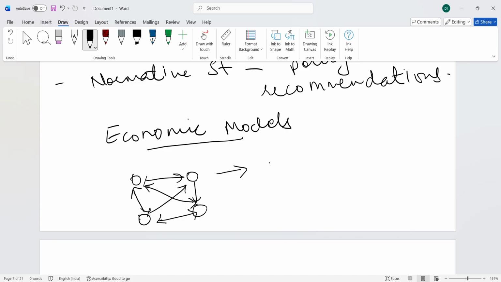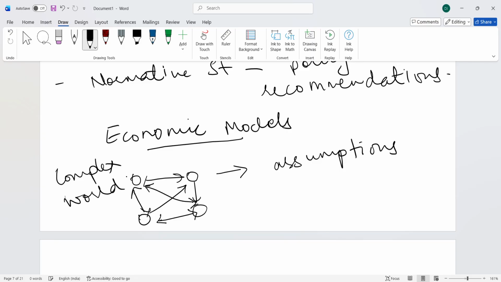So in economics, what we do, we simplify this by taking assumptions. This is a very, very complex model to understand and study, right? It's a complex world. So in order to understand this complex world, in economics, we simplify it by taking assumptions, right?